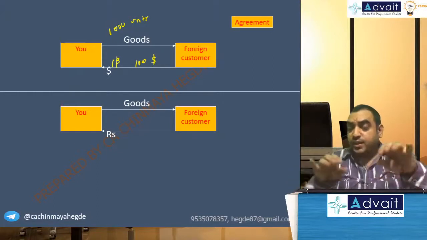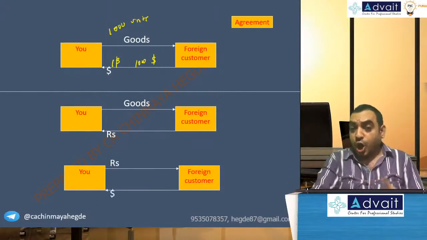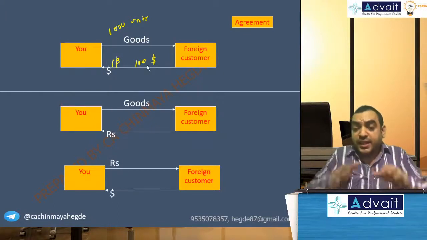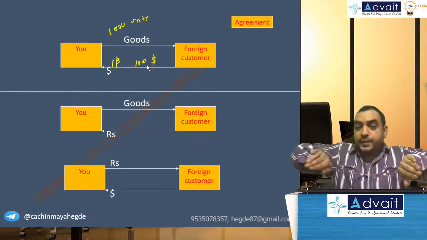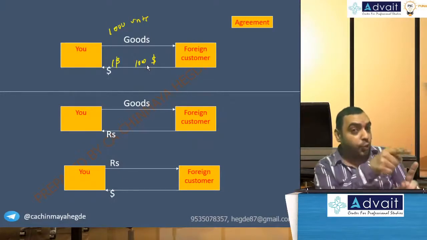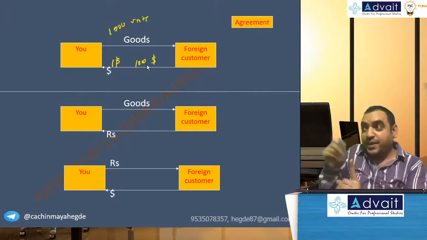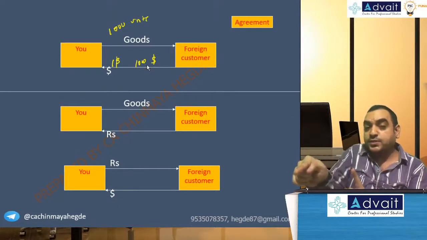So I've separated, and I get dollars, I pay rupees. If I keep the transactions separate, I'm selling the goods to somebody else at rupee terms and I'm buying dollars from somebody else at rupee terms.